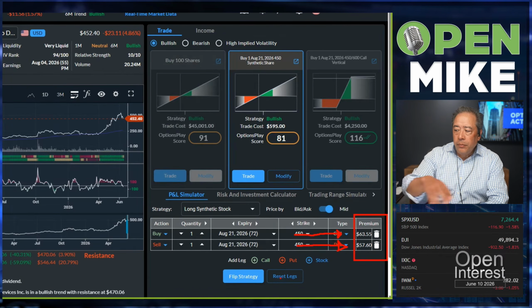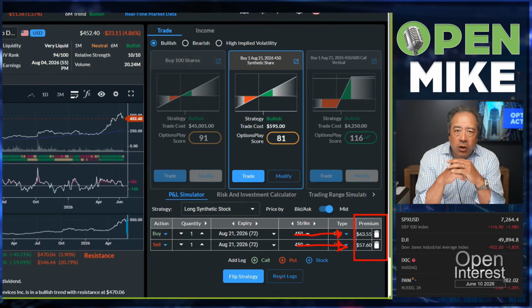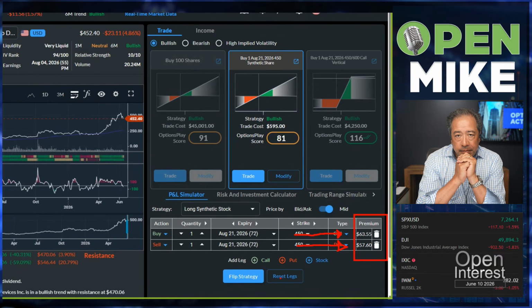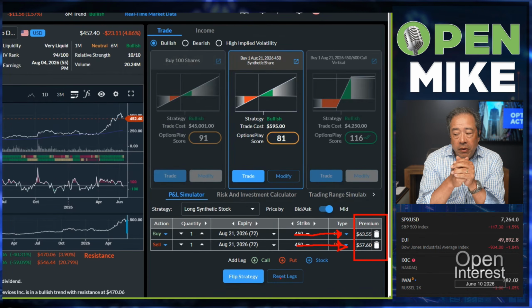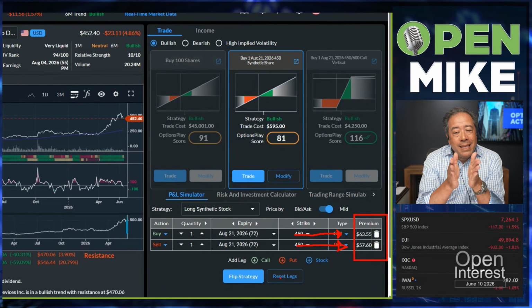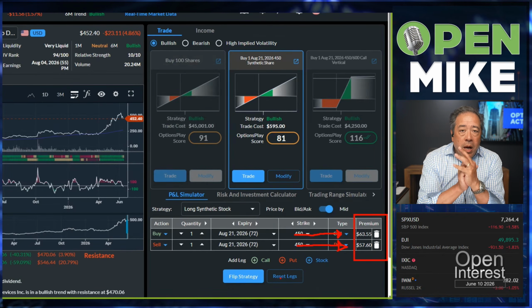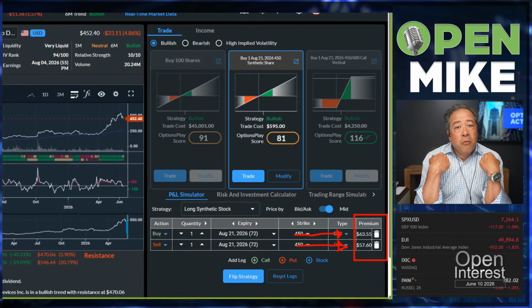So if I'm long the 450 call, that gives me, the holder of the call, the right, but not the obligation, to buy AMD at $450 a share. So if AMD is above 450 as of August expiration, I'll buy it for $450. Now, contrarily, if I am short the put, that means that I have the obligation to purchase the stock at $450 if the holder of the put option exercises their option and I am therefore assigned.